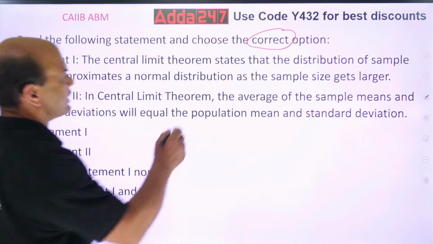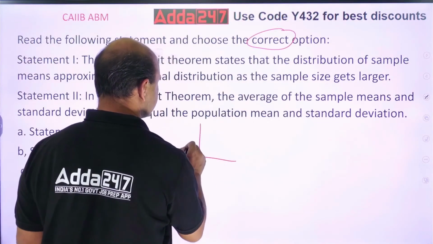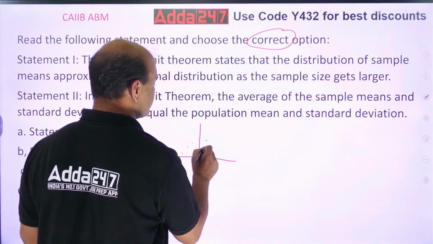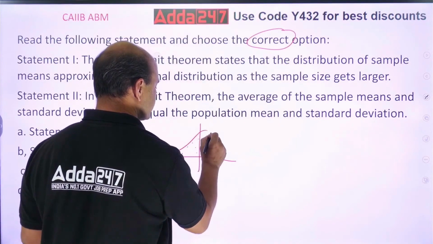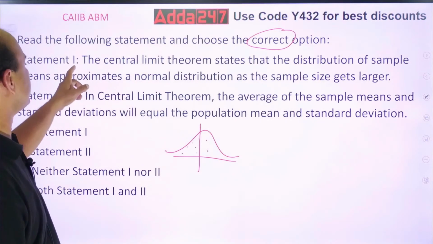See this, what does this mean? It means as I go on increasing the sample size, the distribution will move towards normal distribution like this. This is what the meaning of statement 1 is.